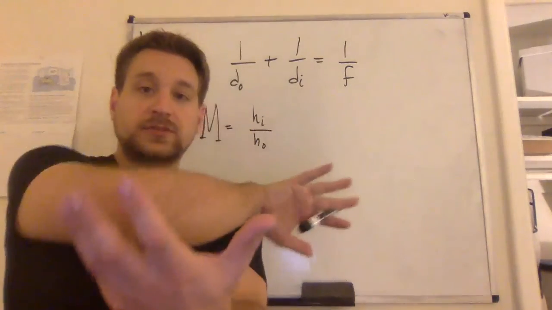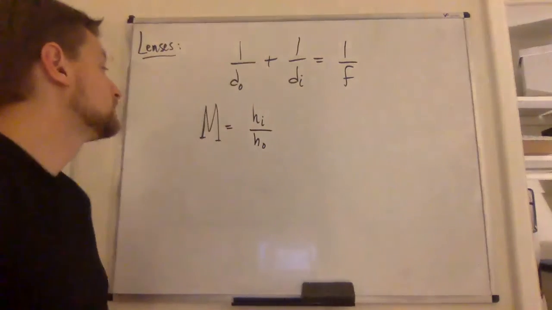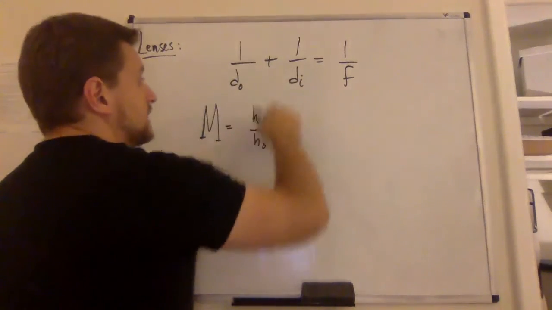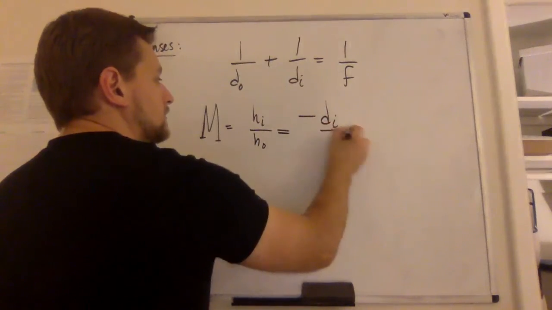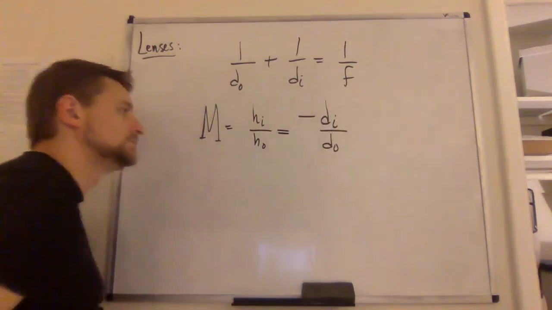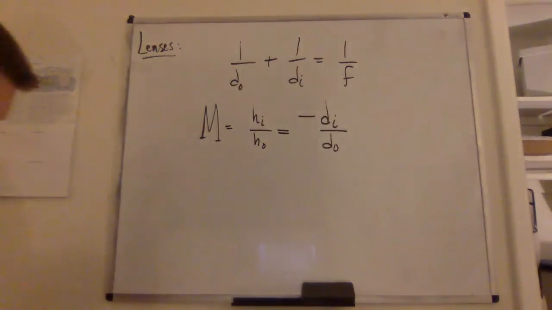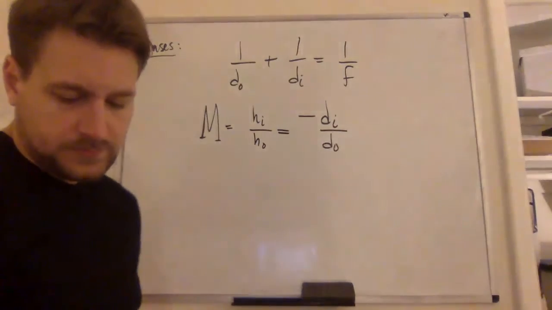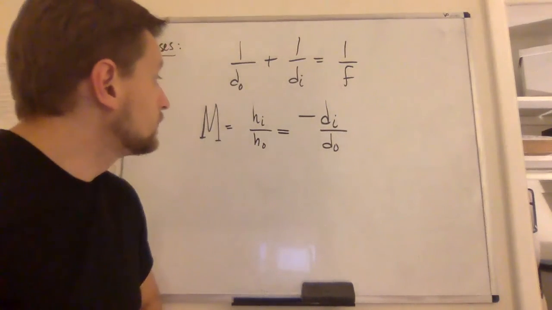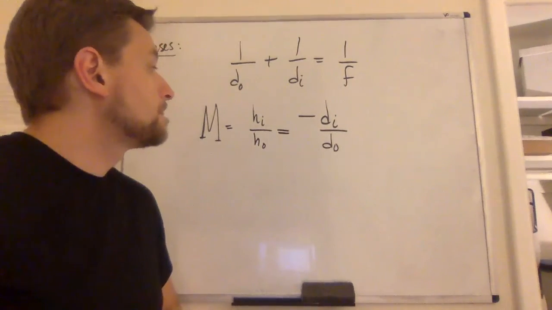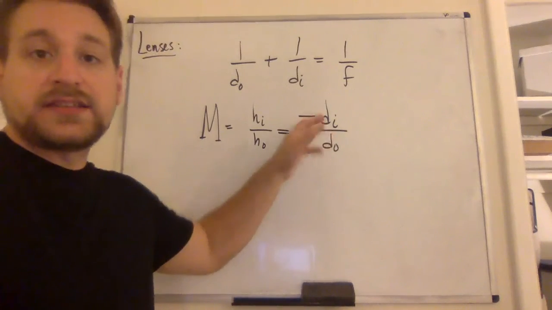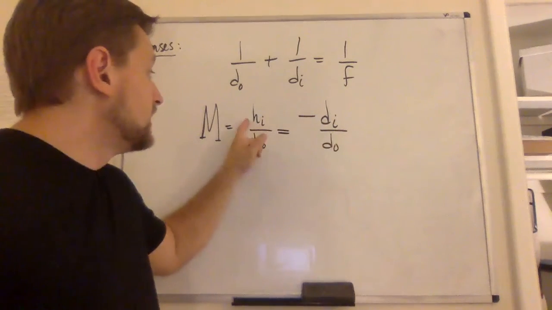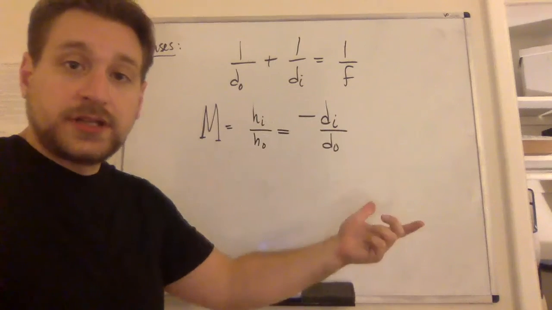It just might also be flipped around. If we relate this and this, we can show that this is negative. And the reason for that negative sign has to do with the conventions that we choose. HI is negative when it's inverted.